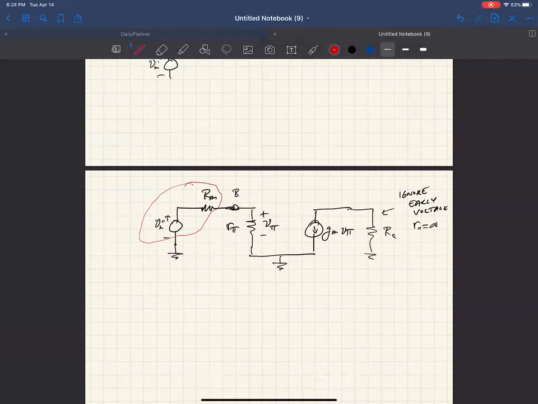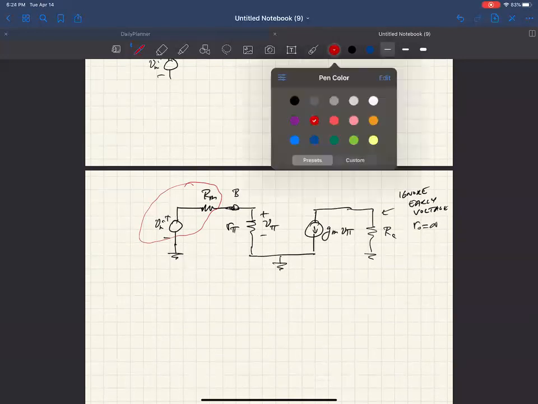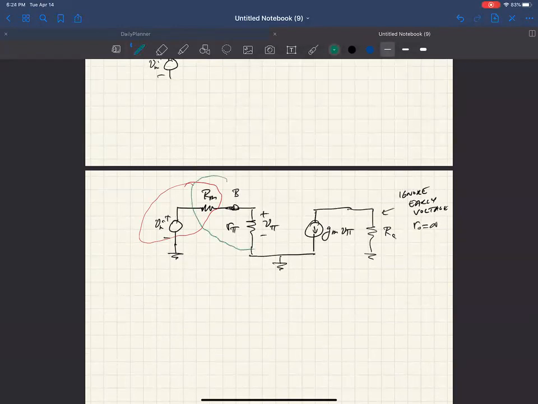Okay. So if you look at this part, these two resistors, R sub pi and R sub m, just look like a resistive divider. Meaning that V sub pi is no longer equal to Vm. What it is equal to is Vm times R sub pi over R sub pi plus R sub m.